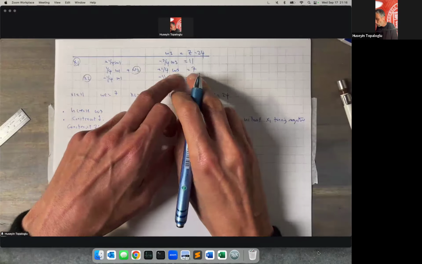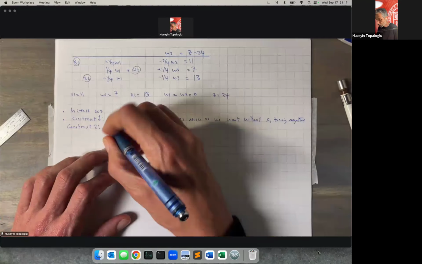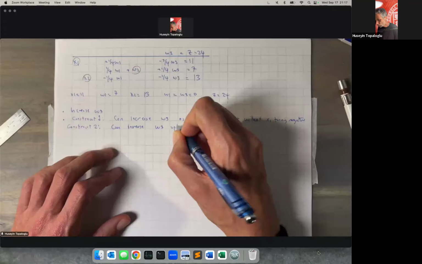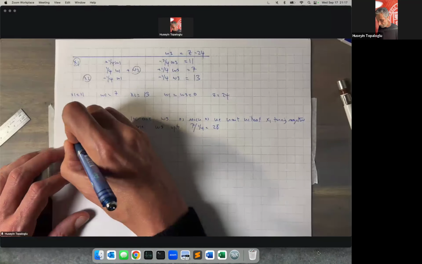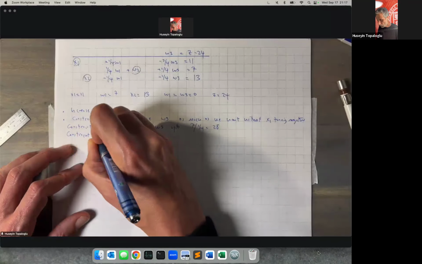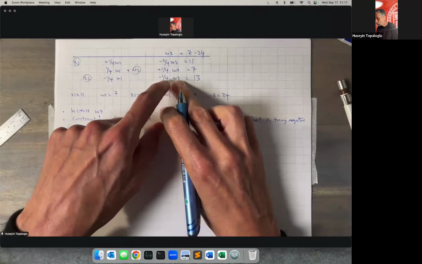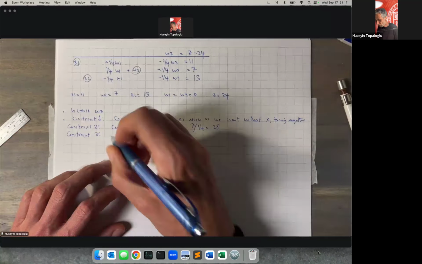I can increase w3 all the way to 7 divided by 1 over 4, that's 28, before w2 turns negative. From constraint 3, again, w3 appears with a negative coefficient, so I can increase w3 as much as I want without x2 turning negative.